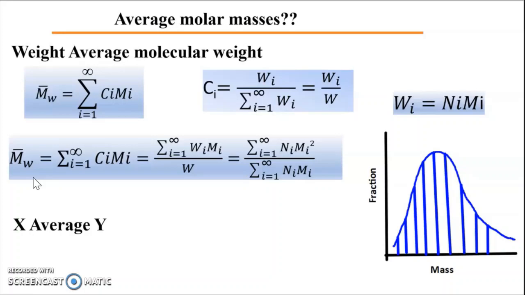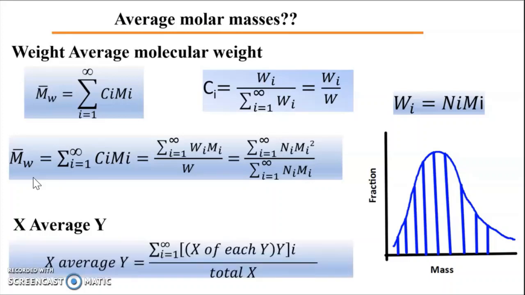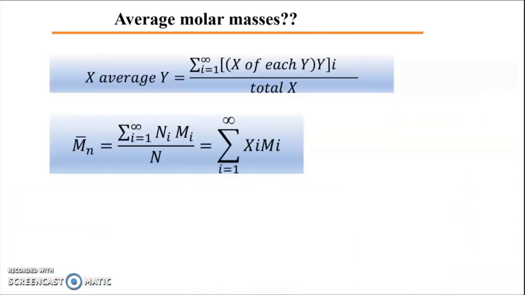If I have X average Y, I can define X average Y as the sum of X of each Y, times Yi, divided by the total X. So if I consider the number average molecular weight, where X is the number and Y is the molecular weight, then Mn, the number average molecular weight, equals the sum of the number of each Y times Y, which is the molecular weight, divided by the total X. Here it's the total n.